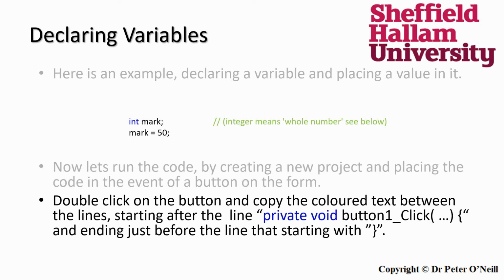So we place the button on the form and then double click that button and copy the colored lines from the start of the line private void button click, open brackets, close brackets, open squiggly brackets, and we write in there int mark semicolon mark equals 50 semicolon before we get to the closing squiggly brackets.